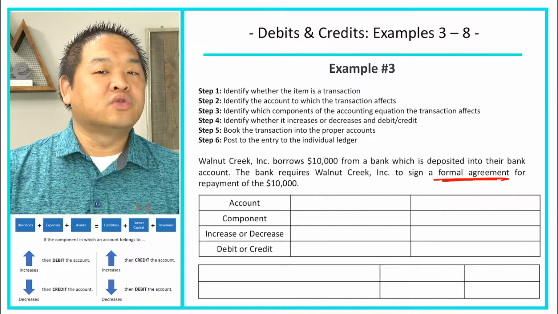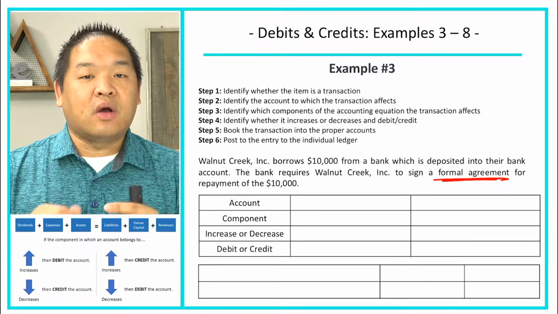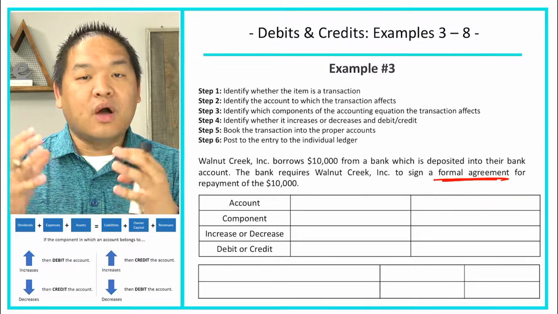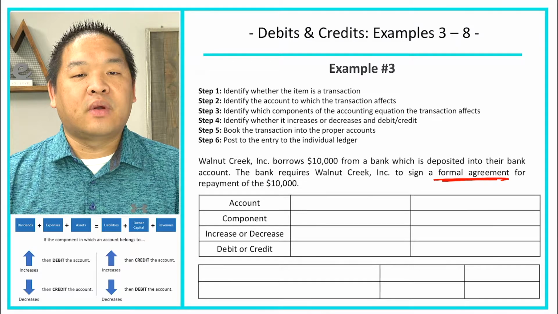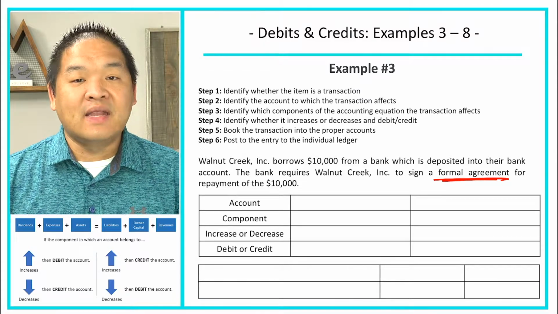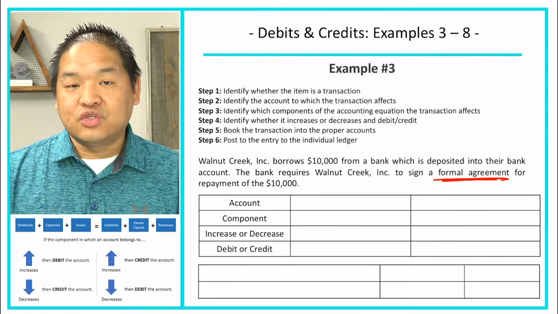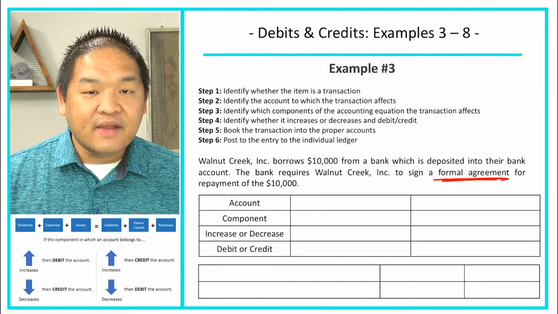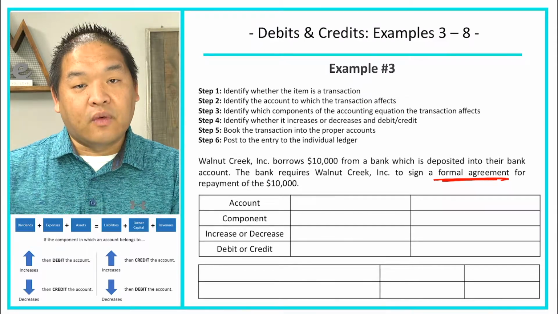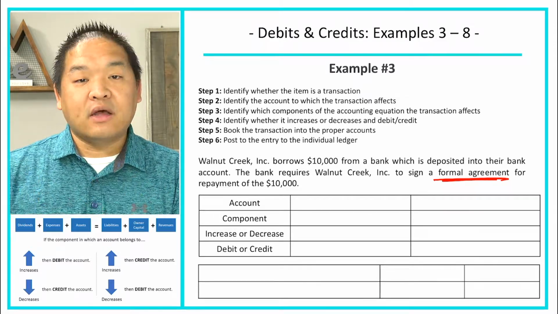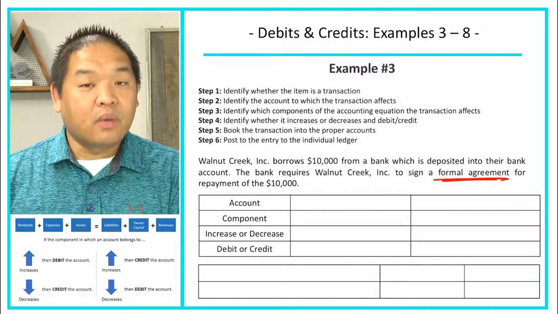Accounts payable are those revolving type credits. Notes payable are actual formal agreements, formal notes, formal loans that typically require a formal document signed by the 2 parties establishing terms, as well as the interest rate and the payback period and all of that information. So in this case, we have a formal agreement. Therefore, instead of using accounts payable, we're actually going to use notes payable. So that's what we're going to do here.